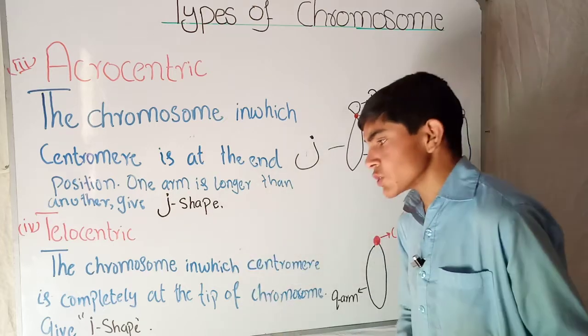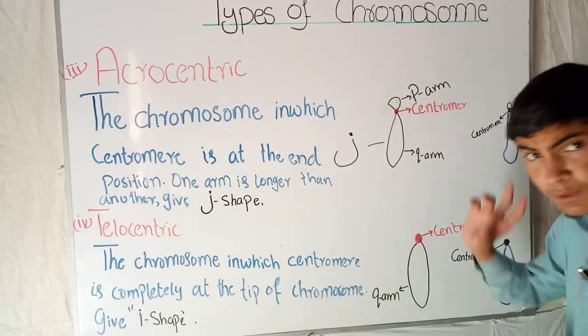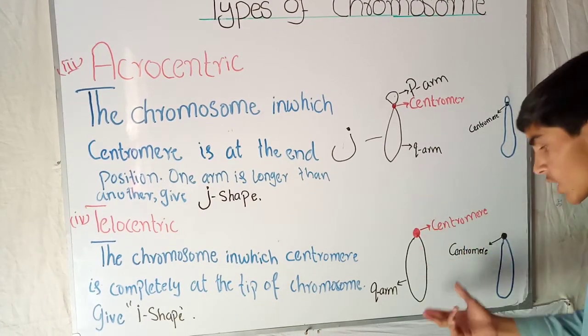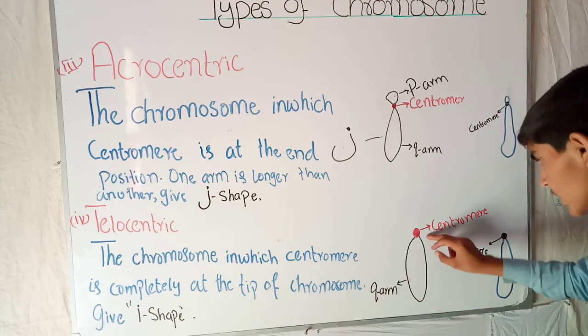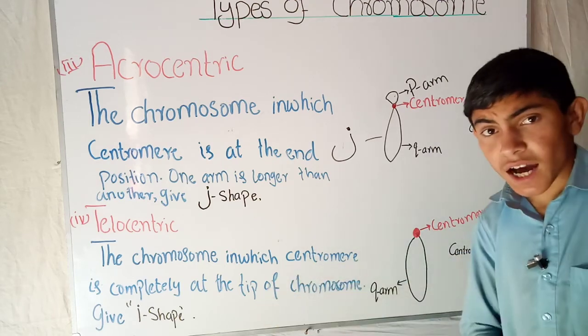The next is the telocentric. In the telocentric chromosome, the centromere is completely at the tip position. There is no P arm in this, only the longer Q arm, so it gives us the I shape.